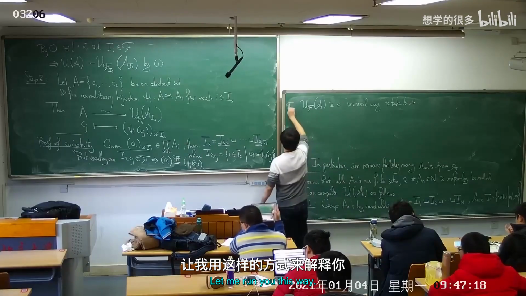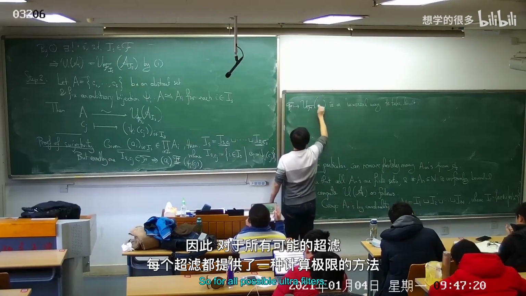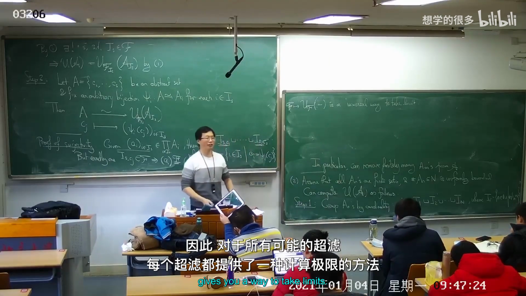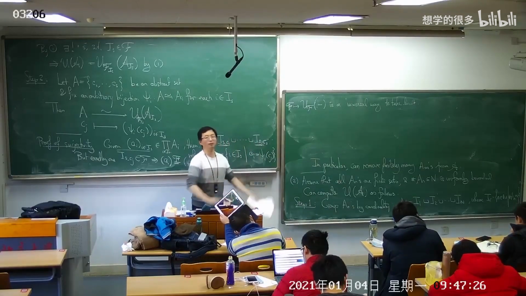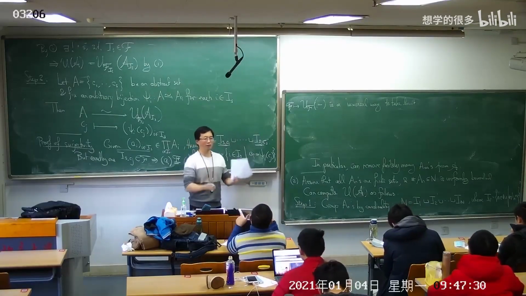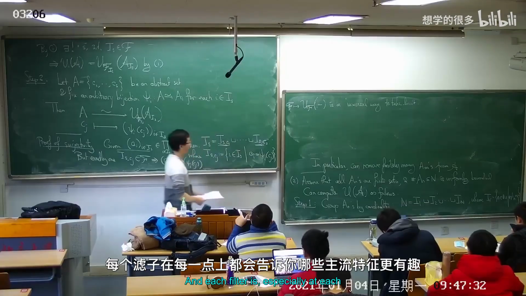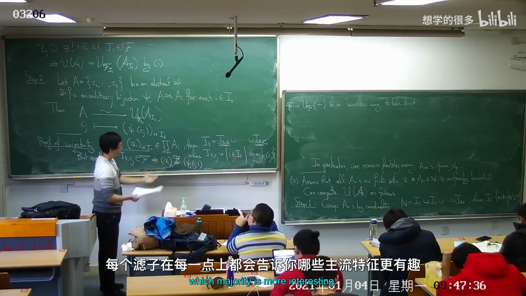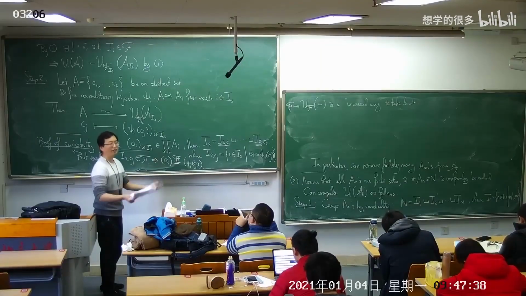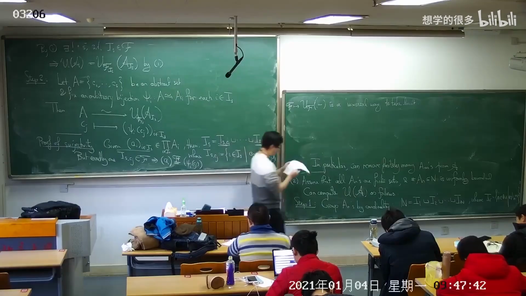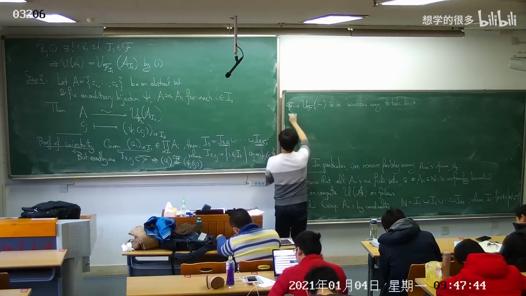Maybe write it this way. So for all possible ultrafilters, each ultrafilter gives you a way to take limits, in some sense. For different ultrafilters, you have different ways to take limits. And each filter, at each of the places, tells you which majority is more conscious.